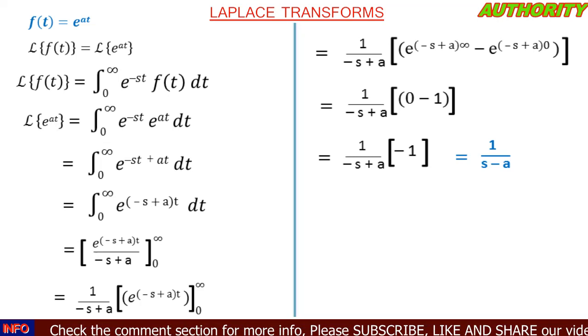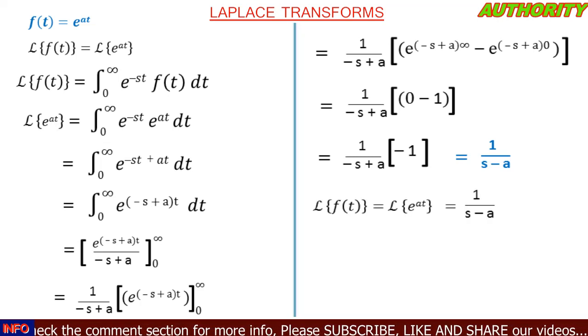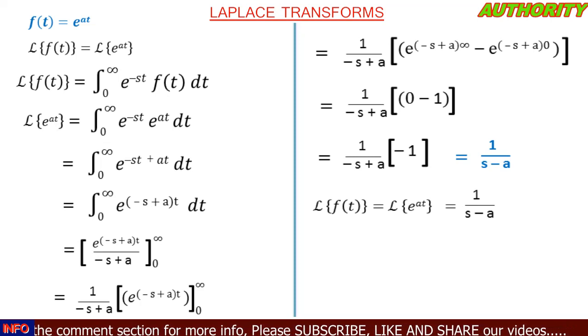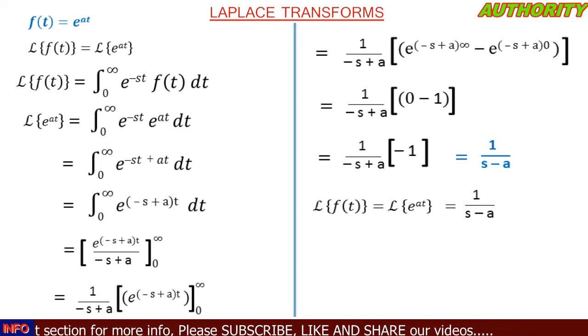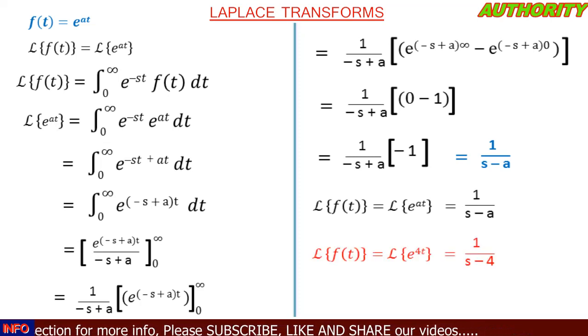So here we see that the Laplace transform of e raised to power at is giving us 1 all over s minus a. And then you see that this a can assume any number. For instance, let's assume that we have f of t is equal to e raised to power 4t.